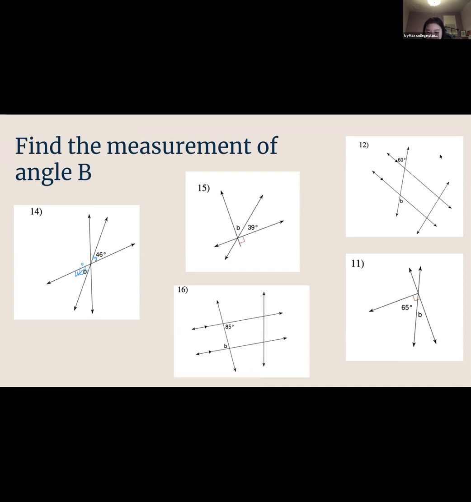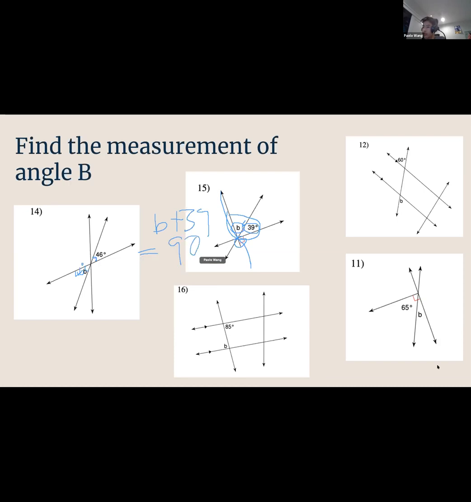Polo, for 15. All right, so for 15, you're trying to find B. If you look over here, you can see that this angle, B, and 39 are complementary. So that must mean that B plus 39 is equal to 90.